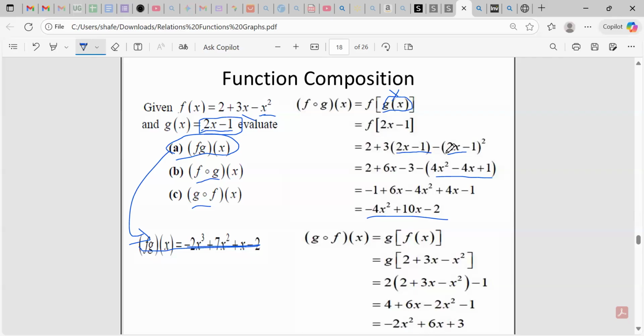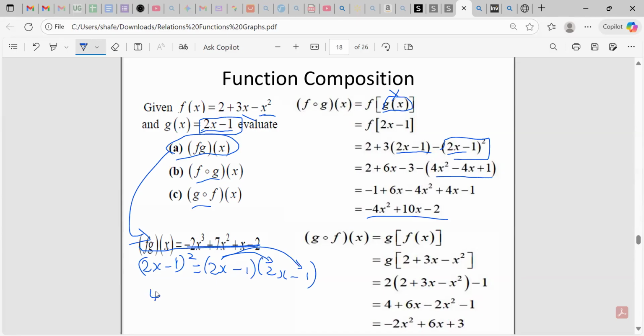For those who don't know how to do this part, I think this will puzzle people. Let me write it here. 2x minus 1 squared is equivalent to 2x minus 1 times 2x minus 1, and I'll show you a shortcut. You can use the distributive law: 2x by 2x, and then 2x by minus 1.